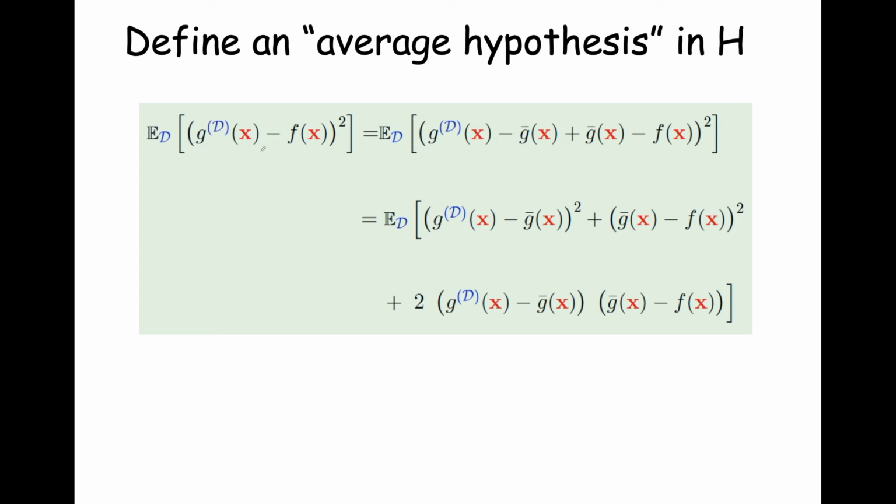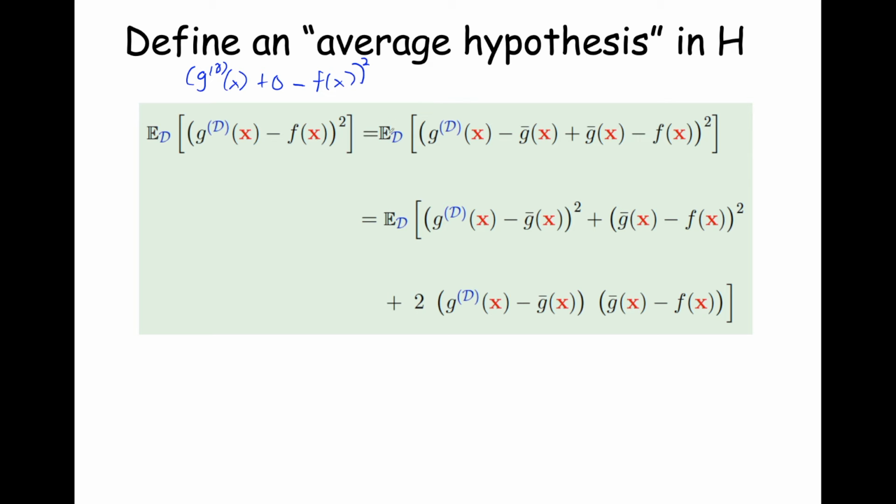So we start out with our expectation, and it's trivial to take this G script D of X and add 0 and then subtract our F of X quantity squared. And so if we add a 0, one way to add that 0 is to subtract G bar of X and add G bar of X. It doesn't change the expression mathematically at all.